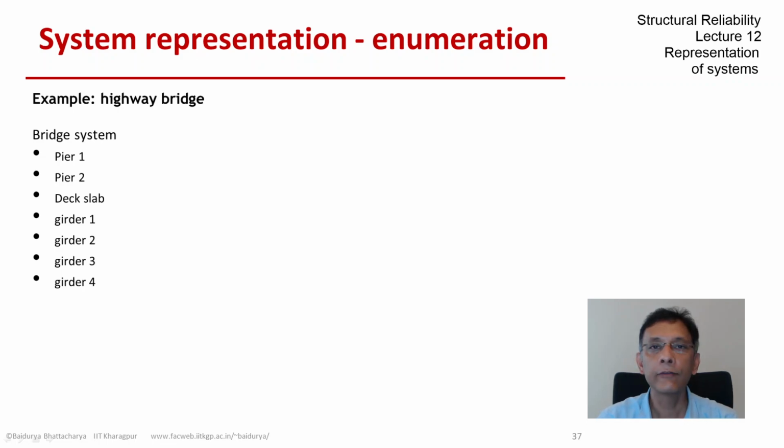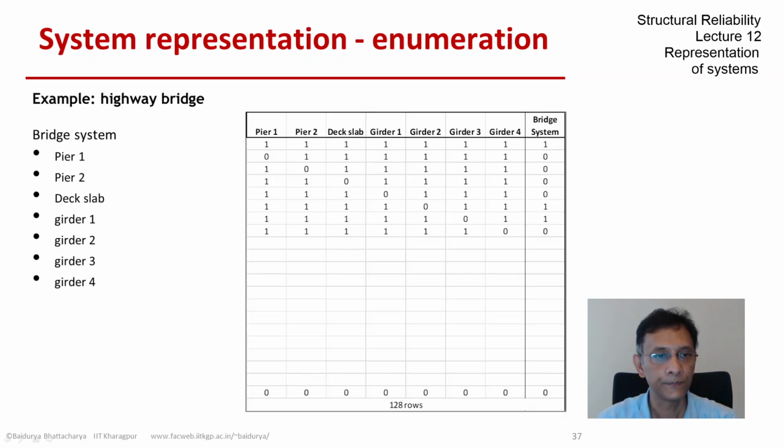So let's look at a few of them, and that would give us an idea how this method works. And obviously, in creating this enumeration, one needs good structural knowledge or good knowledge of the system.